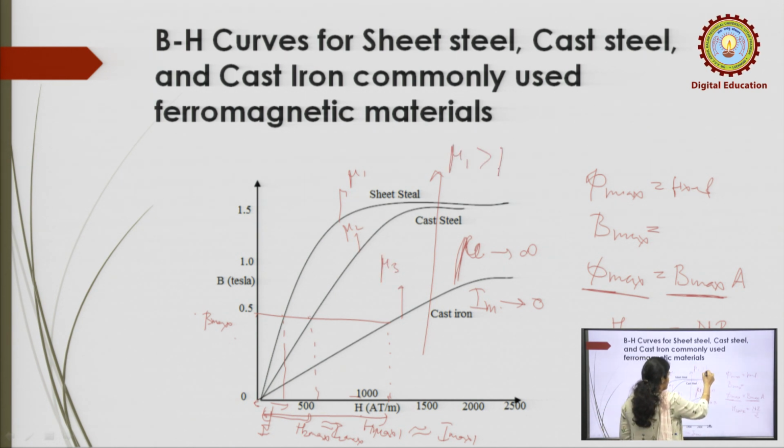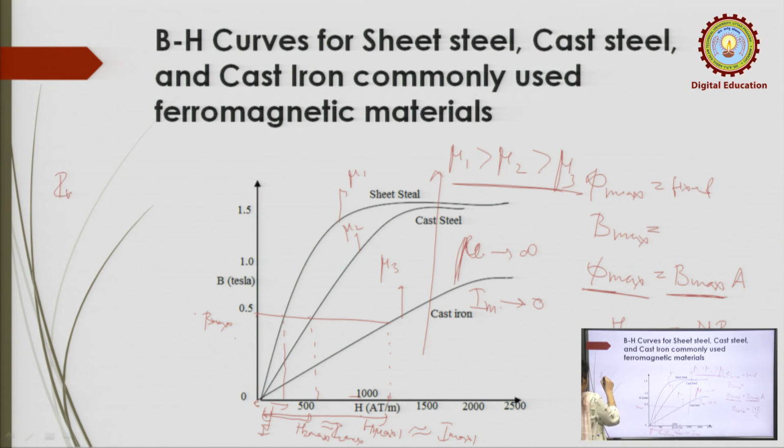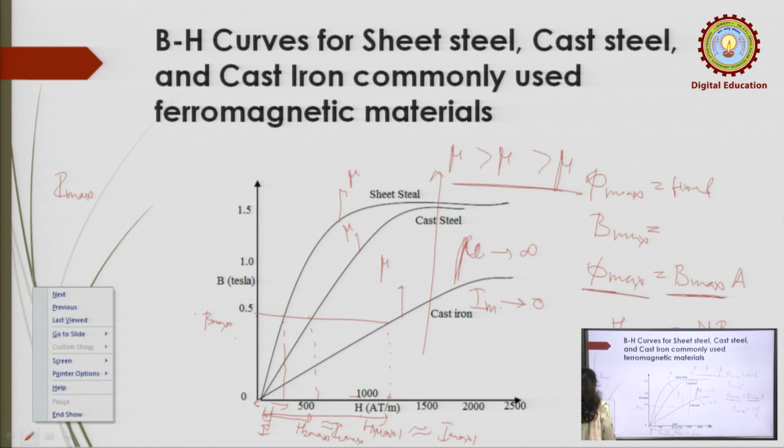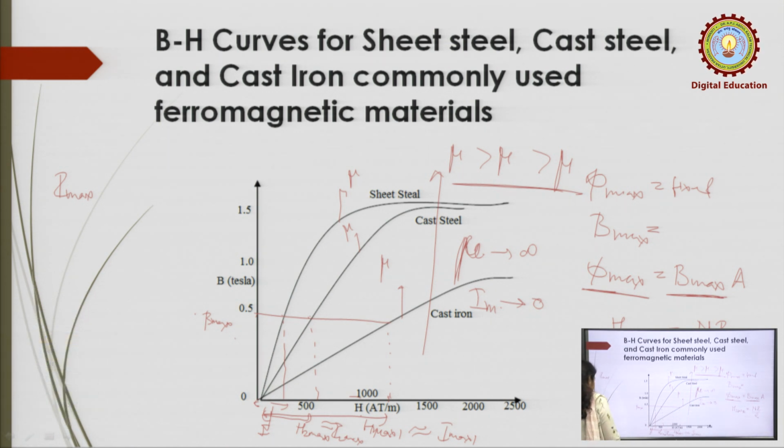So, mu 3 permeability is higher than mu 2, and mu 2 is greater than mu 1.